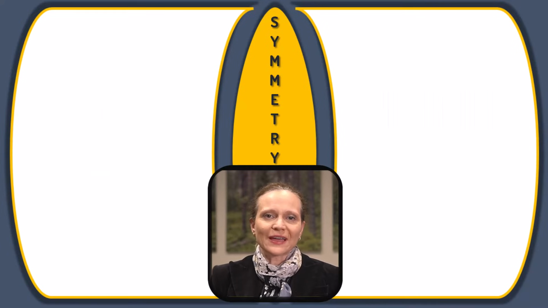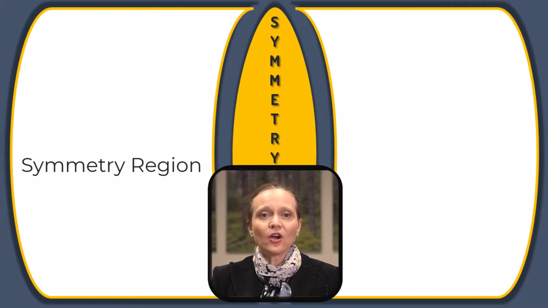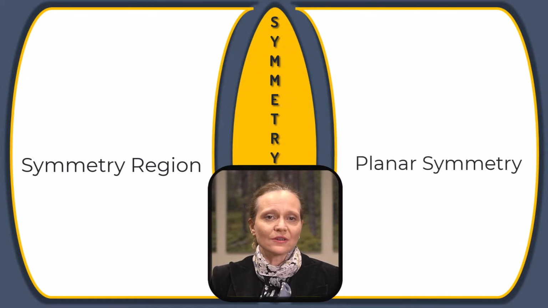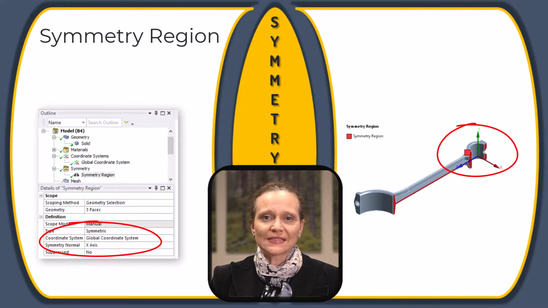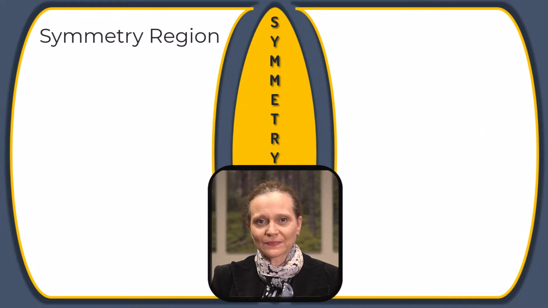Although there are several types of symmetry boundary conditions available in Ansys Mechanical, we will focus our attention in this video on the Symmetry Region feature, which is used for planar symmetry. The symmetry region can be defined based on either the global or local coordinate system, where we specify the symmetry normal direction.